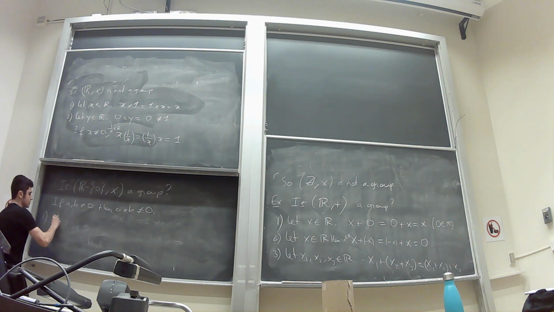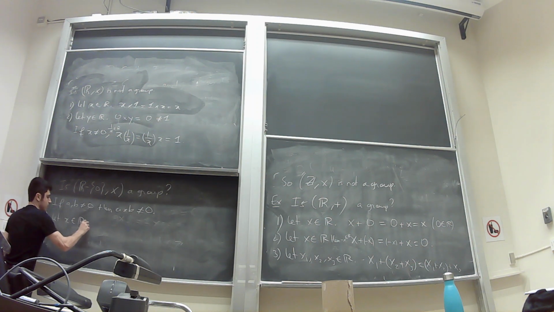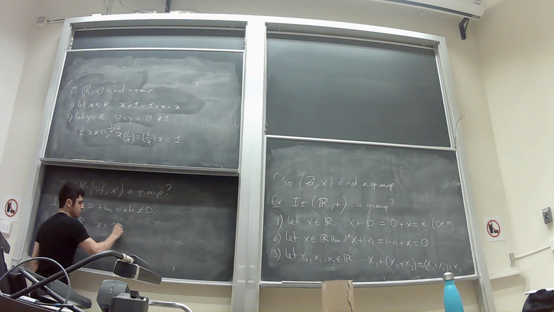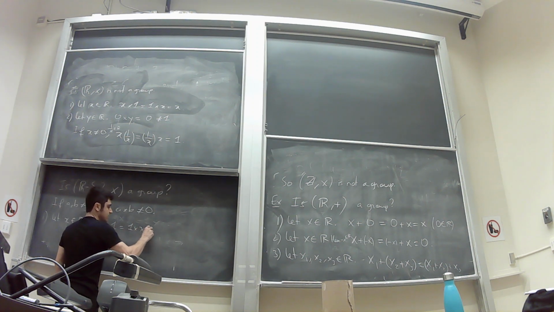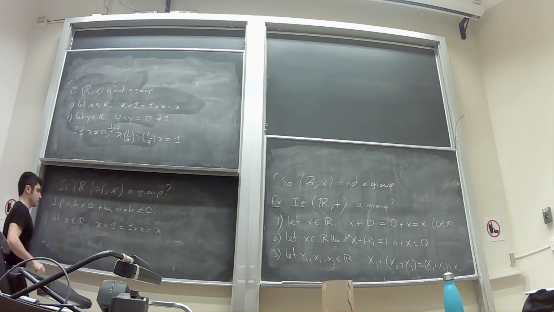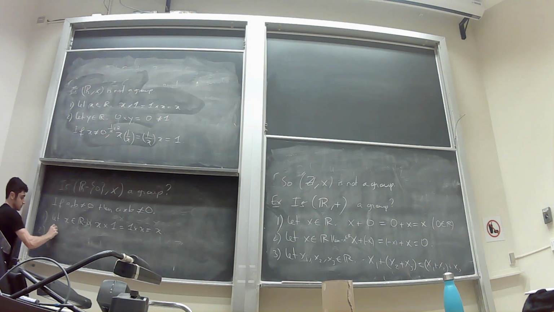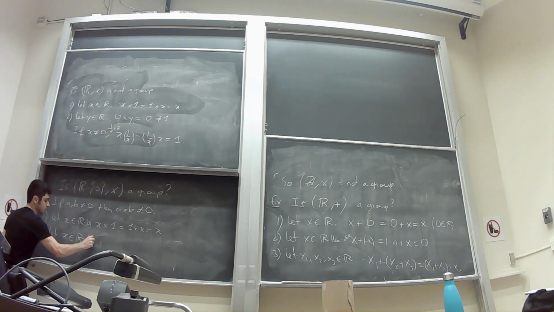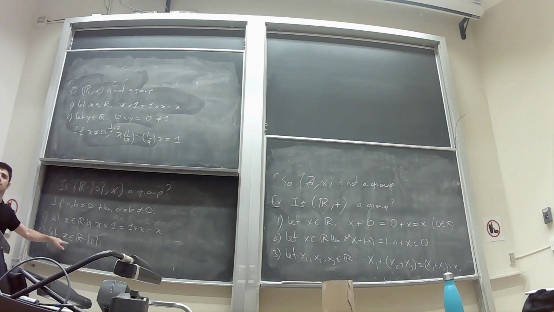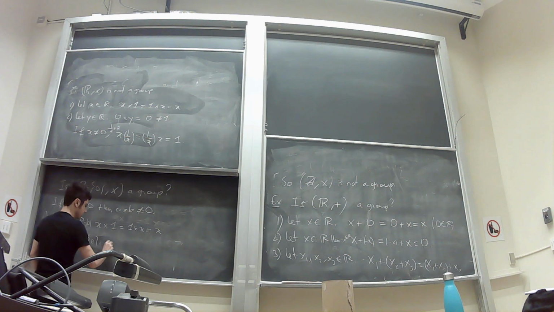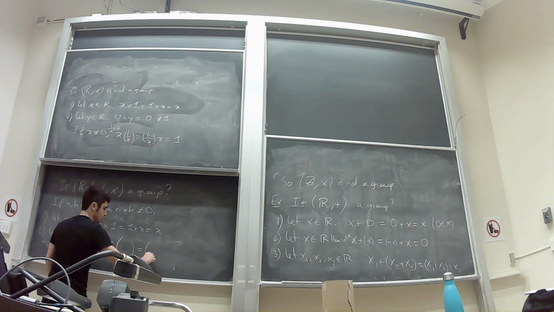Let x be in R. It's clear that x times 1 is equal to 1 times x is equal to x. Let x be in R minus 0. Basically, x is a real number, but it is non-zero. Can you find an element such that x times it is equal to 1?